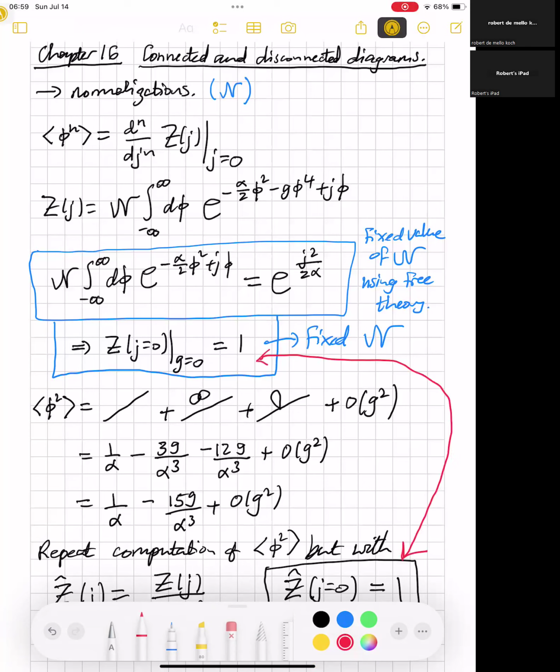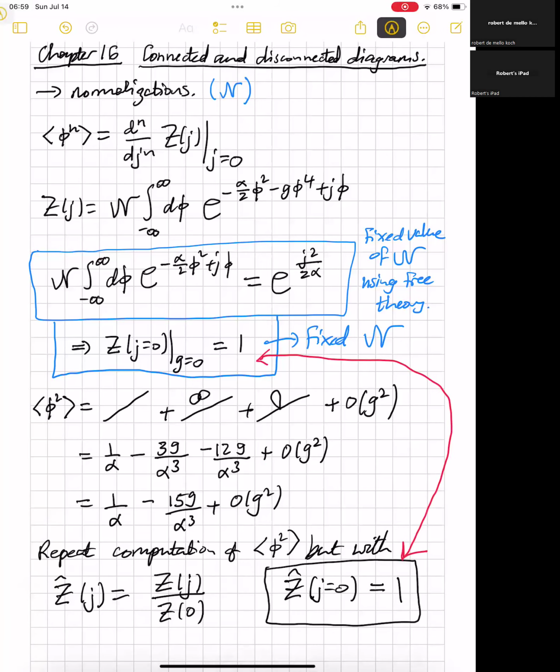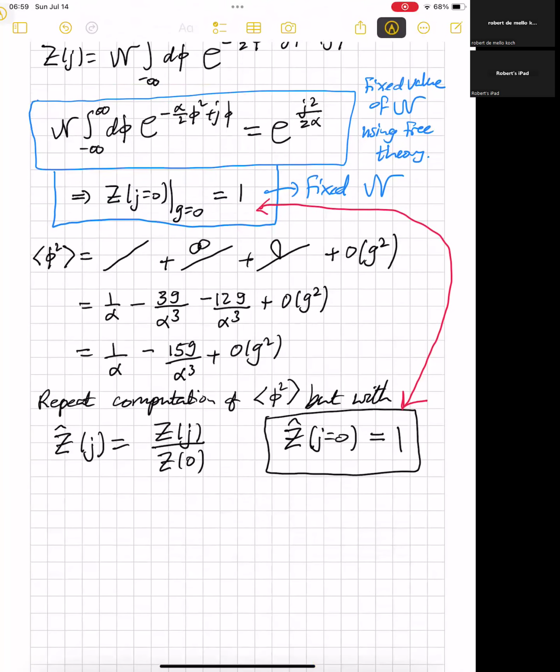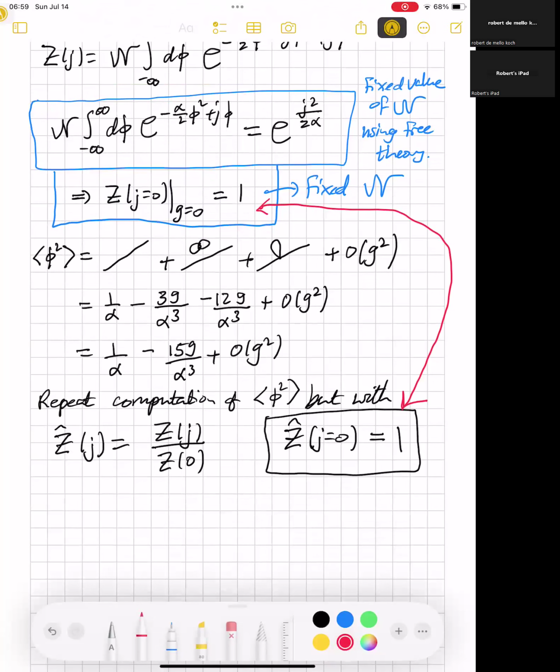Now we don't need to set g equal to 0. Z hat is equal to 1 as soon as we set j equal to 0, for any g.